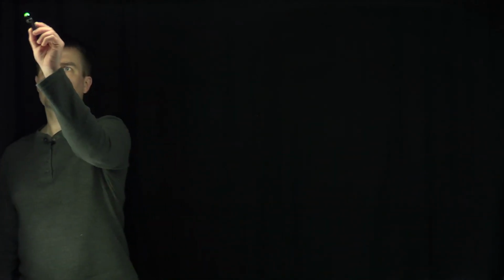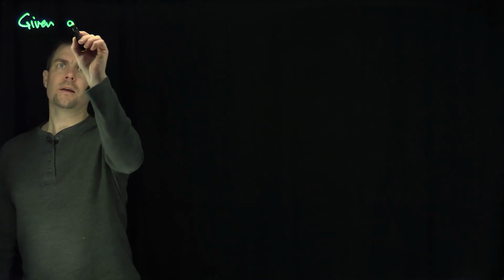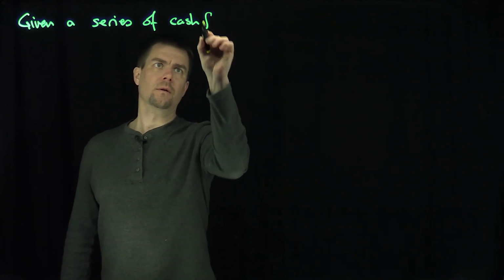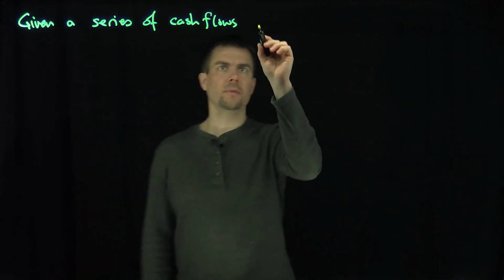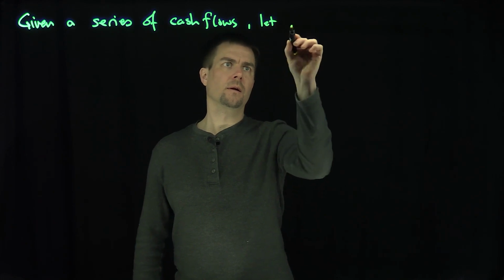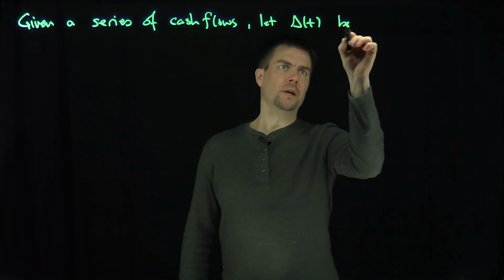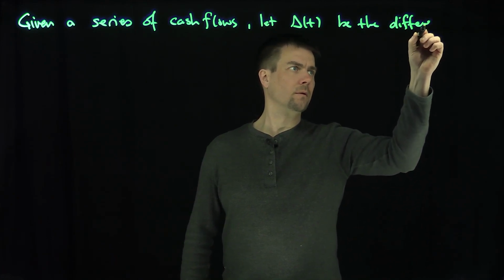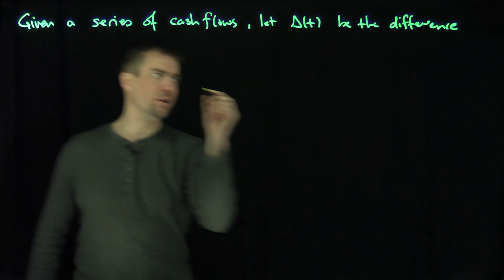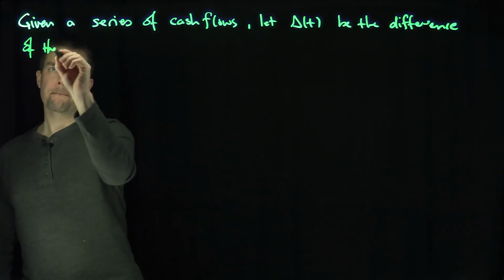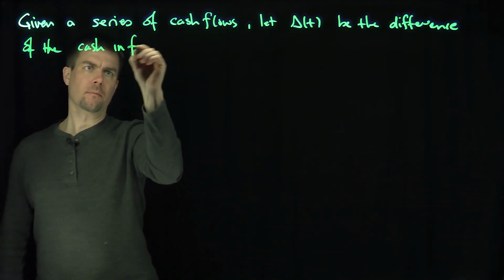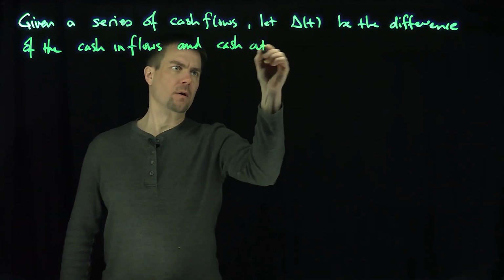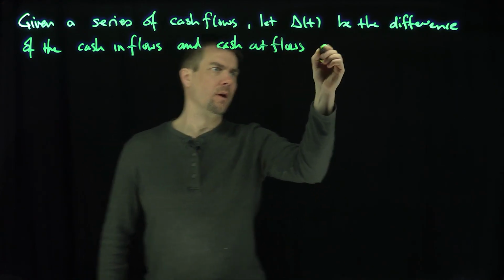If we're given a series of cash flows, let delta be the difference of the cash inflows and the cash outflows at time t.